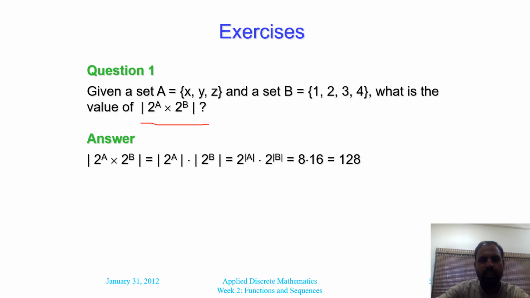I give the answer here for your easiness. The value is |2^A| times |2^B|. |2^A| is equal to 8, because A has 3 elements, and B has 4 elements, so 2 raised to the power 3 and 2 raised to the power 4. The multiplication of 8 and 16 is 128.